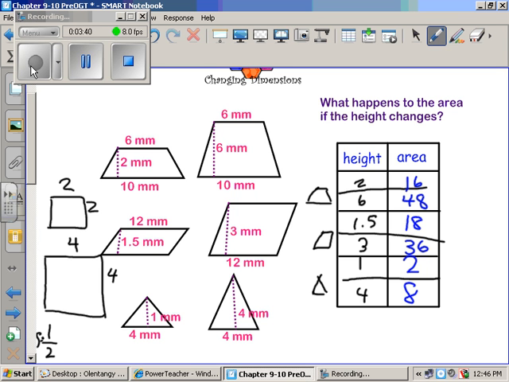What's this area? 4. What's this one? 16. 1 to 4. Because remember from chapter 7, the ratio of two similar figures' areas is the square of the similarity ratio. Because what's 1/2 squared? 1/2 times 1/2. 1/4. Right.